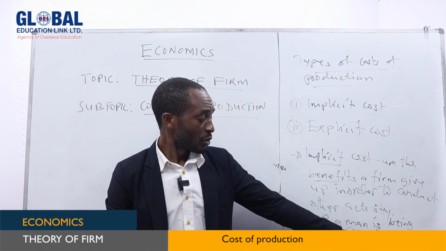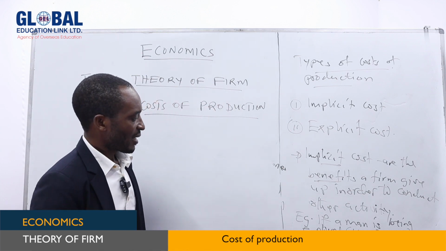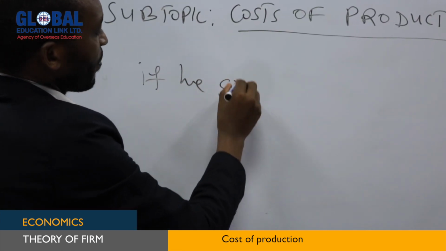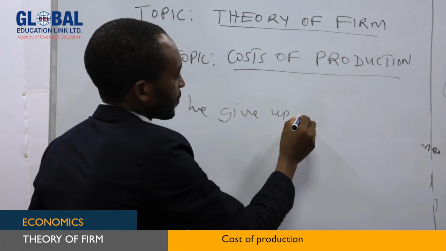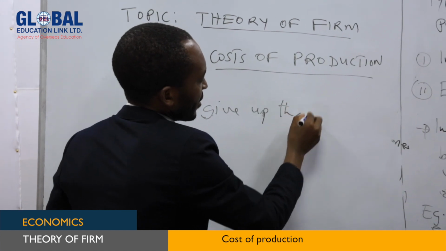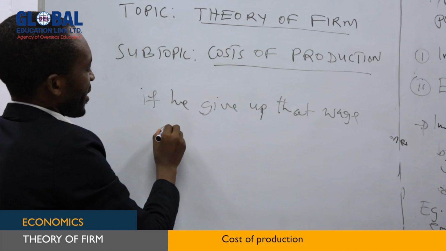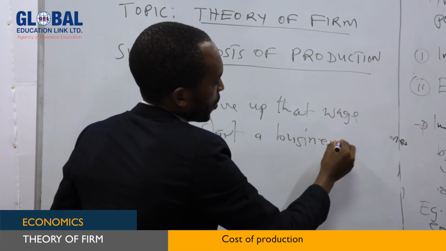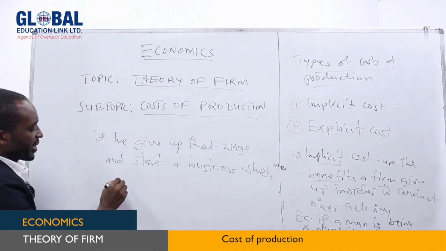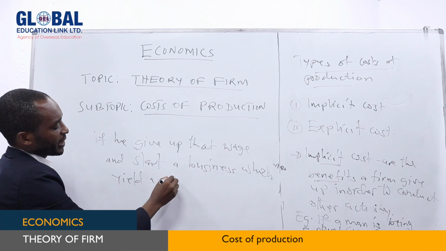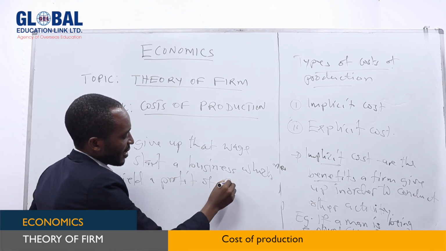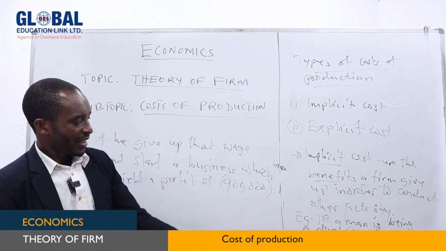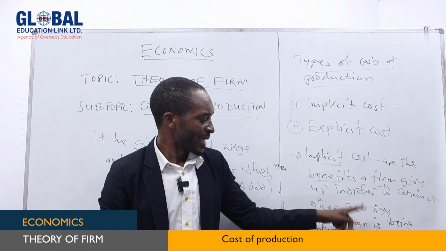Now, if he decides to give up this wage and start his or her business, which yields a profit of 900,000, then this 700,000 we call an implicit cost.